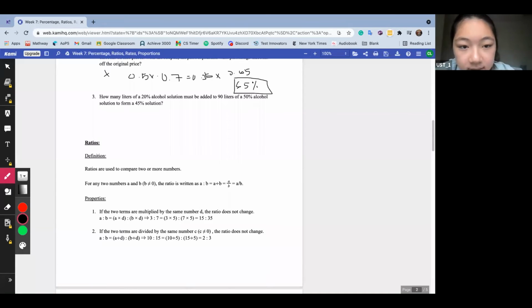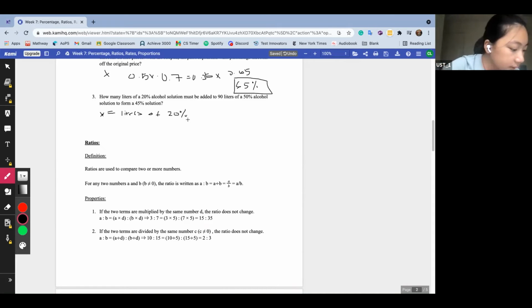So let's say X is the amount of liters of the 20% solution. So we want to form a 45% solution.